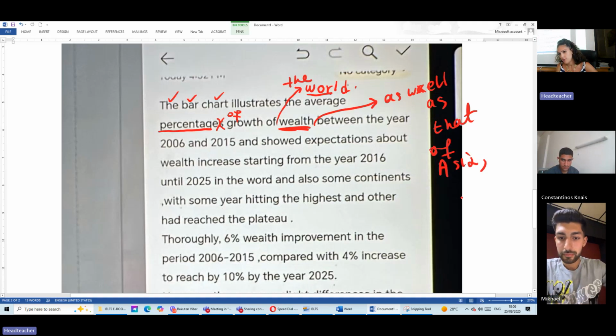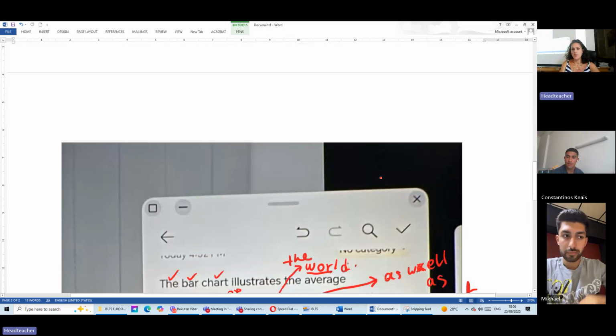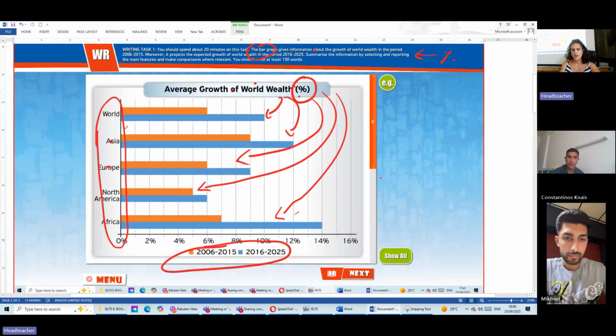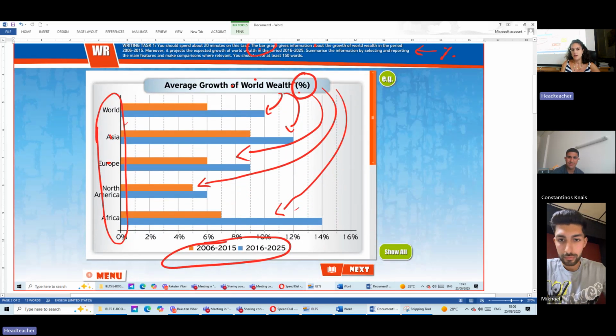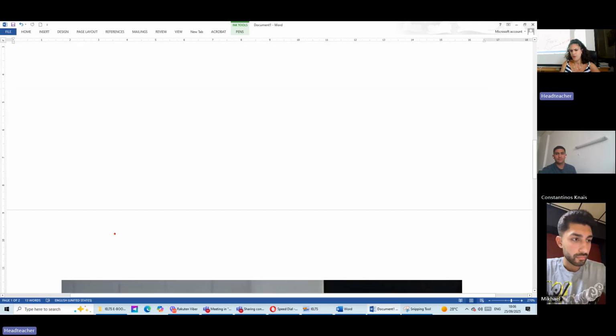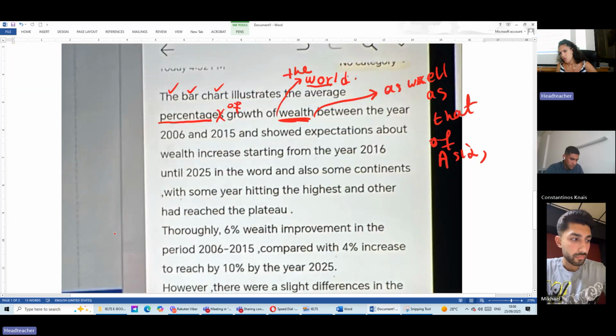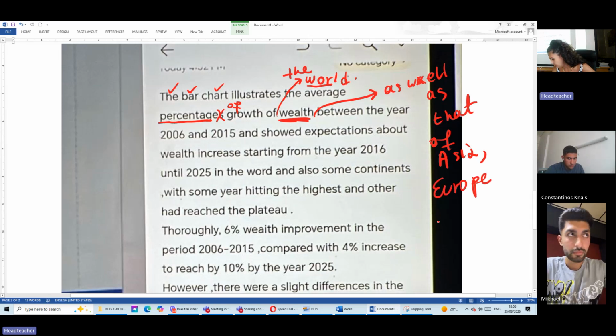What else? Take it in turns. Take it in the same order as you see it. Make it easy for the reader. Asia, Europe, North America, and Africa. Don't change the order for no particular reason. So as well as that of Asia, Europe, North America. What's next?